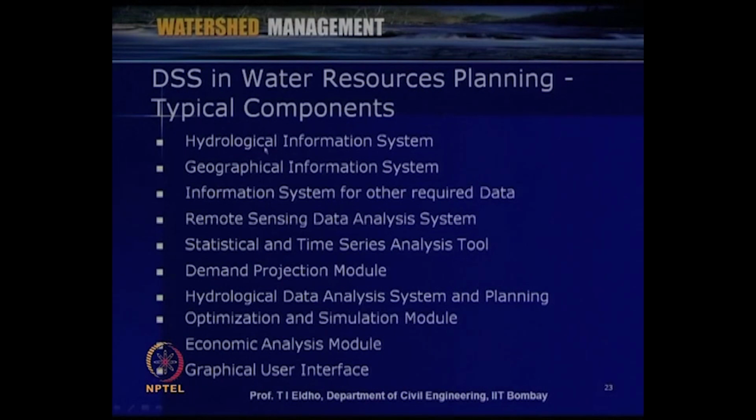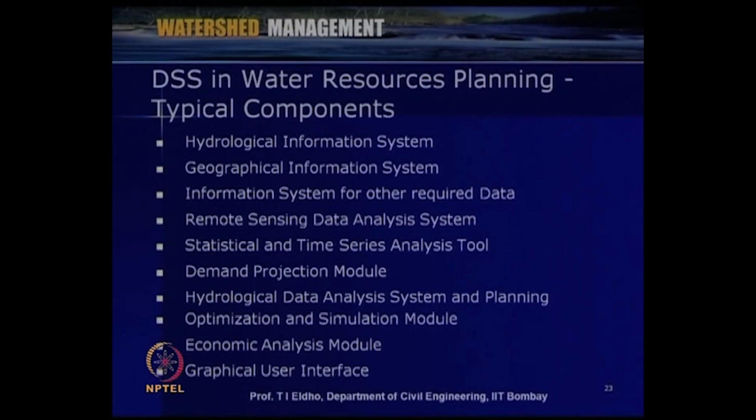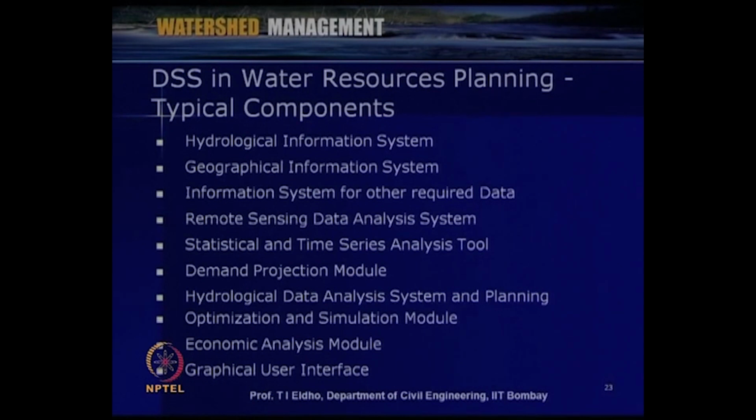So, the typical components of a DSS related to water resource planning, the various components I have listed here. Of course, the basic components as we have seen earlier, like database management system, model based management system, then the user interface, these are all essential components, but various other components related to hydrological aspects or modeling aspects are listed here.